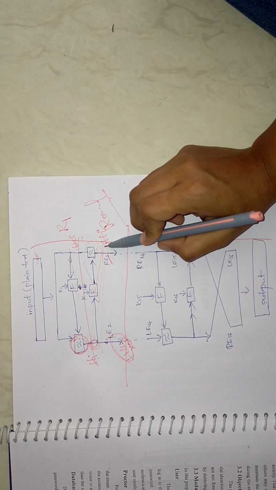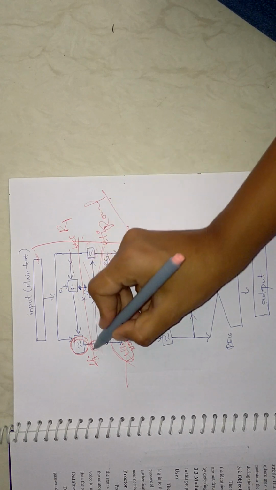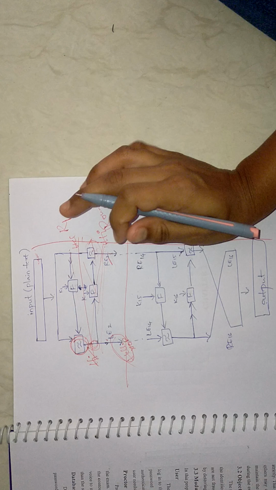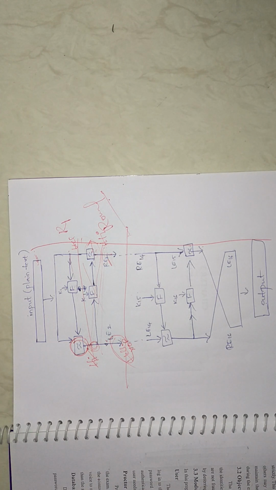Here it is not coming. So we are just doing it one time here and one time here. If you feel this is a confusing diagram, just listen to the previous video only.